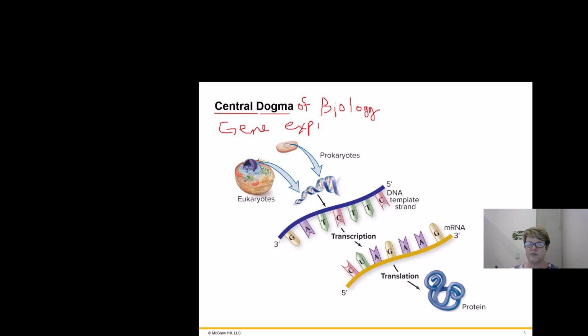And the central dogma of biology, aka gene expression, refers to really a couple of processes that happen inside every cell. And it's going to connect the information or the instructions that are in DNA, in the chromosome, to the proteins that are made in the cell.